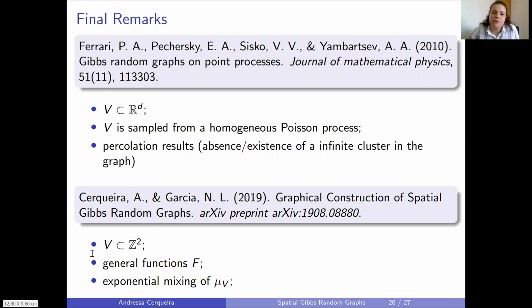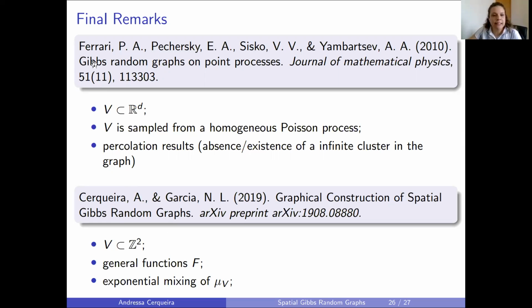In our case, V is a subset of Z^2. I know this is always a good question. I don't know why we restrict to Z^2. When you just start doing things, you don't realize that maybe you can do some kind of generalization. So we just did it for Z^2.